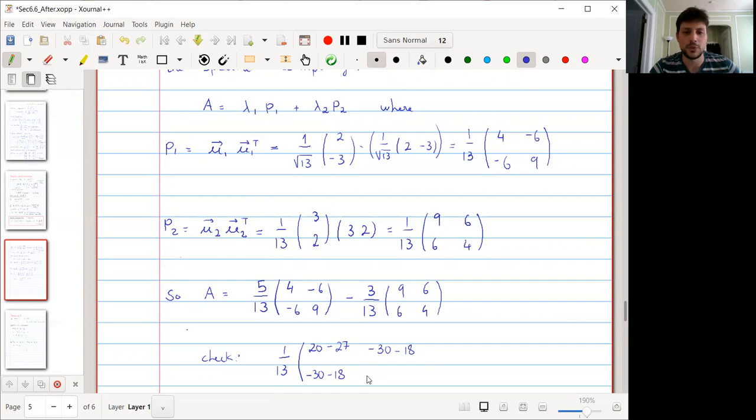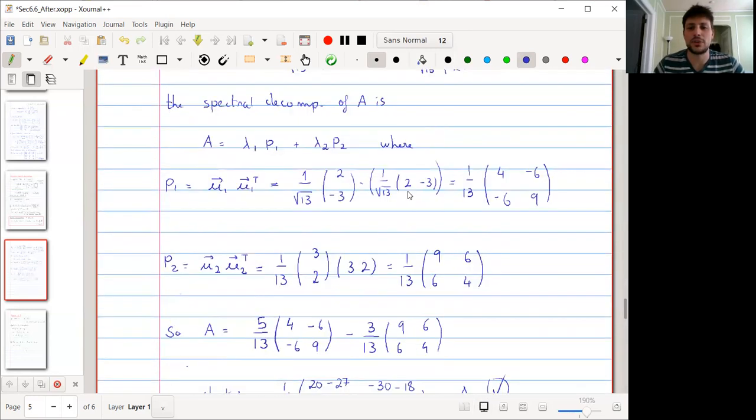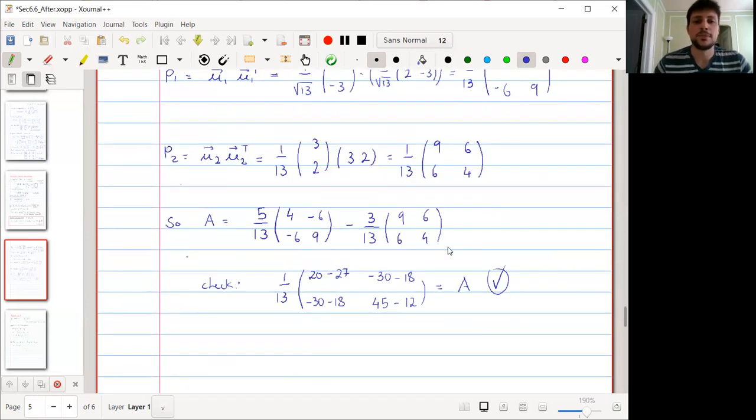And the last one is 5 by 9, which is 45 minus 12. And I believe that's exactly A. You go back and you check the entries of A, that's exactly what you get. Okay, but here, the spectral decomposition is lambda 1 P1 plus lambda 2 P2.